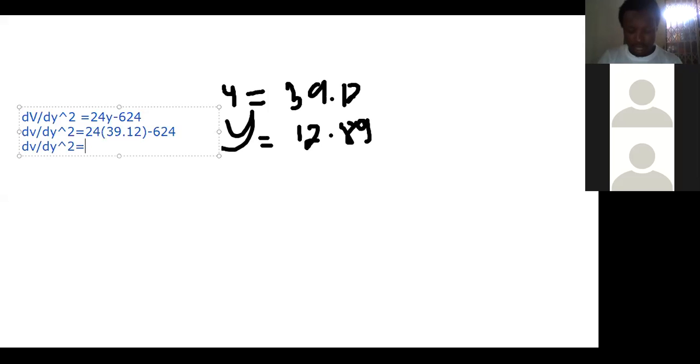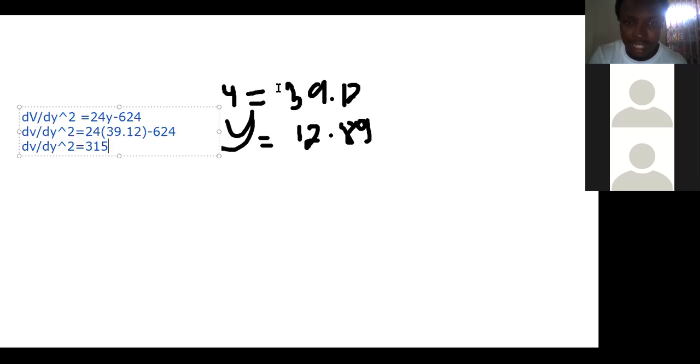I'm going to get 315. Before we can know that this one is a maximum value, what you are getting here should be less than 0. But here this one is greater than 0.